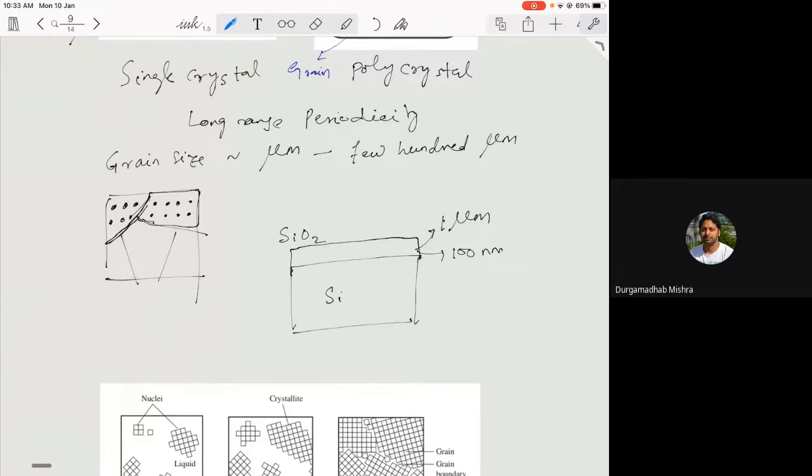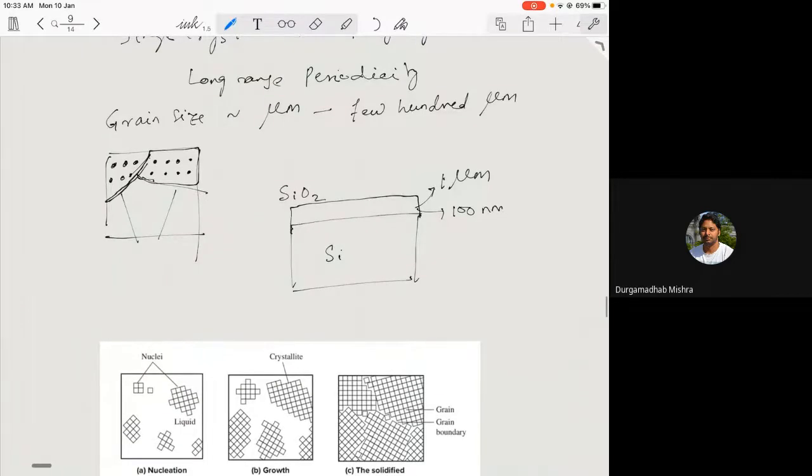But since they are really so thin, the lattice parameter of silicon dioxide will be equal to the lattice parameter of silicon.